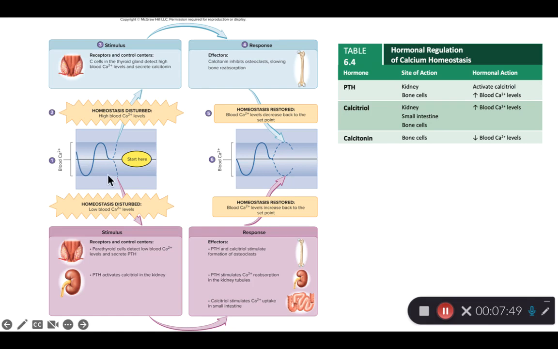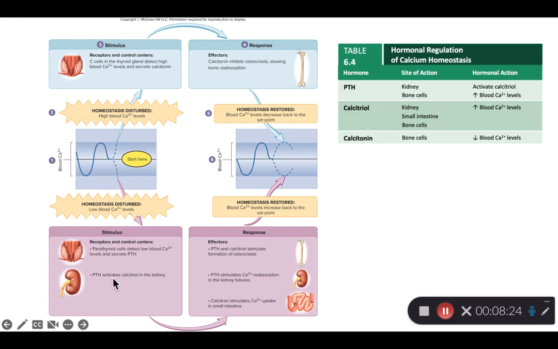Here, we're going to then start over here for parathyroid, and we see calcium levels go down. That disrupts homeostasis. Now we use the parathyroid glands to produce parathyroid hormone, which does three things. It's going to activate calcitriol. Okay, there's a new word. Look at that, calcitriol. That's active vitamin D. All right, that's another name for active vitamin D, is calcitriol.